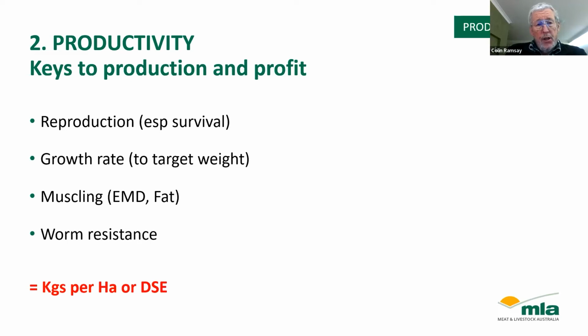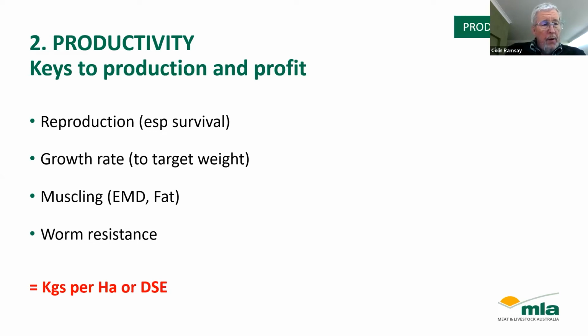Muscling is the next thing for all the obvious reasons. Eye muscle and fat just give you a better carcass and also tend to help with reproduction. So eye muscle depth measurements are very important. And then lastly, if you are in worm country, then worm resistance probably jumps straight to the top of the list.